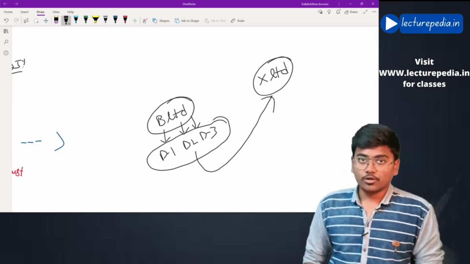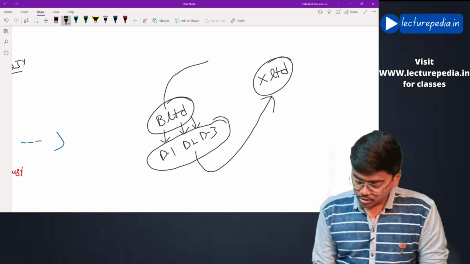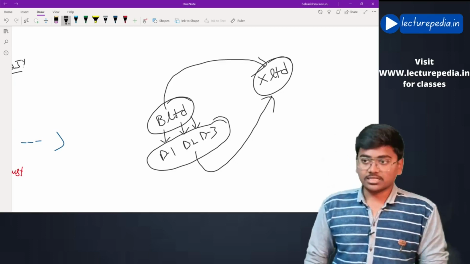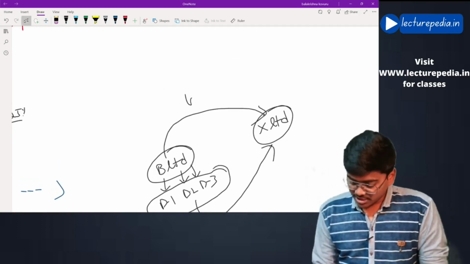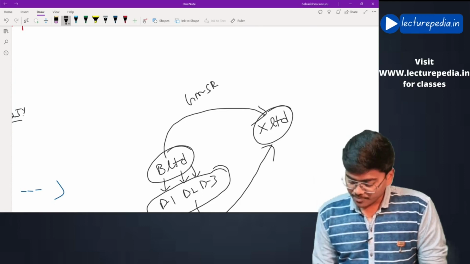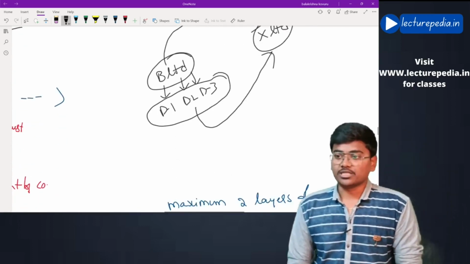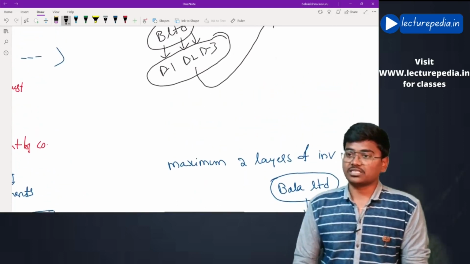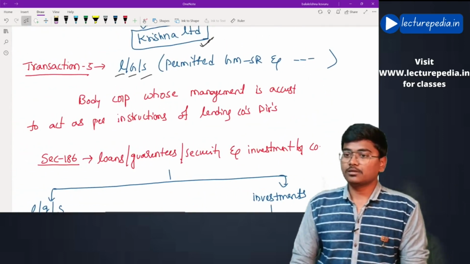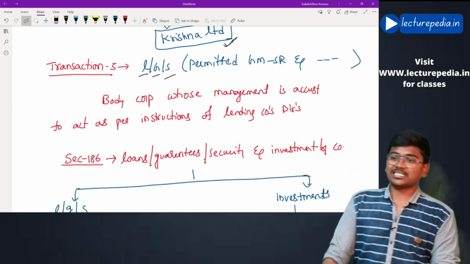This is the scenario. Now if B Limited wants to give any loan guarantee security to X Limited, it can give subject to general meeting special resolution and funds must be utilized for principal business activities of X Limited. This is the last type of transaction. Okay, this is transaction number 5.